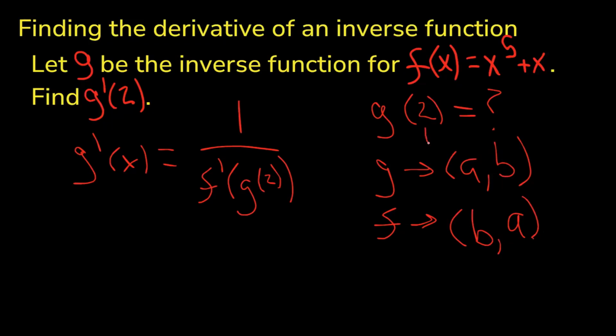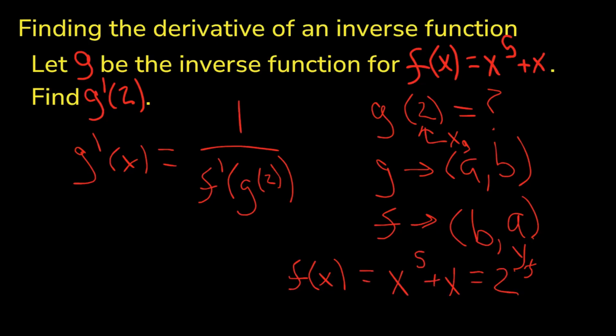So if 2 is the x value for g, then it's automatically the y value for f. In other words, I know that f of x equals x to the fifth plus x equals 2. Now, just by looking at this, you can easily see that in this case, x would have to equal 1.